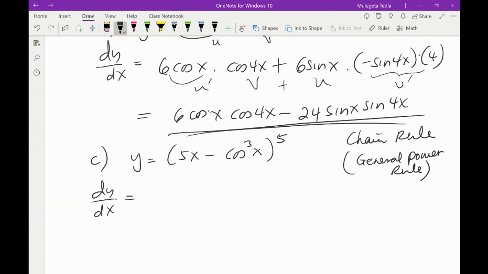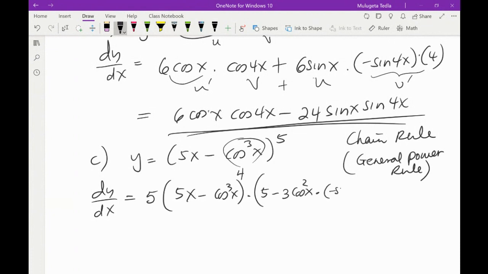So the derivative becomes, bring the exponent up front, right, times 5x minus cos cubed of x to the power, reduce the exponent by 1, times the derivative of the inside. The derivative of that is 3 cos of x squared times the derivative of cos.